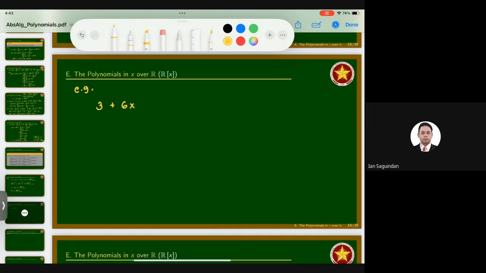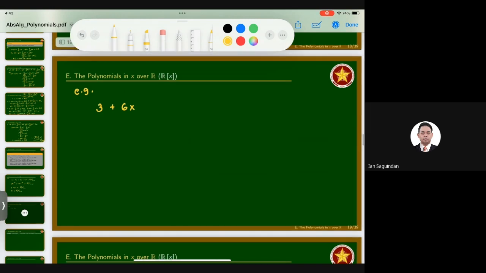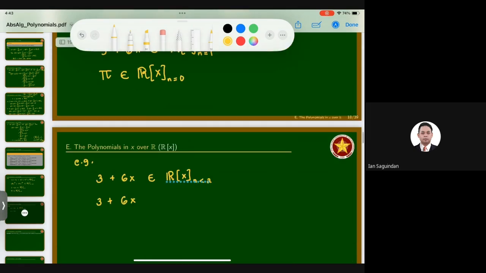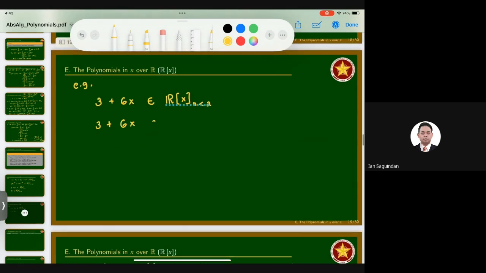This is a first-degree polynomial, a linear polynomial. So it should be clear that this is an element of the set of all polynomials of degree less than 2, since it is degree 1. Or you can also say it is an element of the set of all polynomials of degree less than, say, 10.